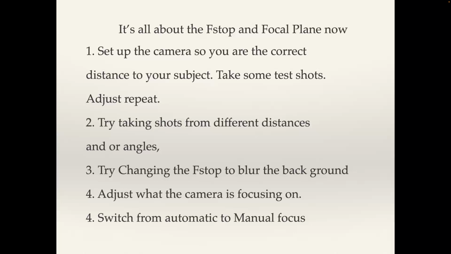So you change distances, you change your angles, always looking at what you shot through your camera. Then adjusting the f-stop. If you go to like a 2.8, you might get a lot of blur in it, and you don't like that. So, okay, bump it up to a 4 or an 8 and see if everything is coming into focus for you. And then refocus the camera and keep trying to find that spot.